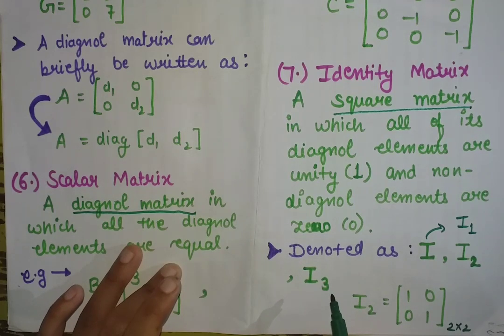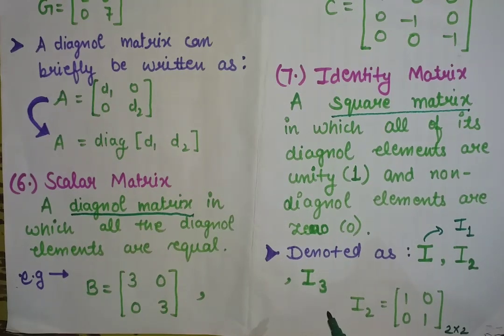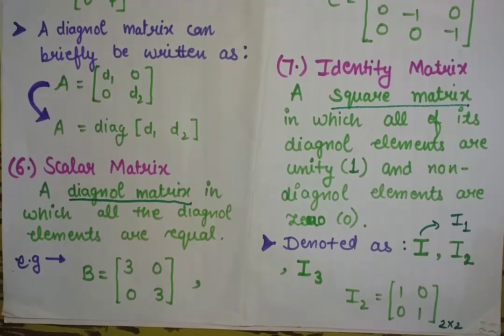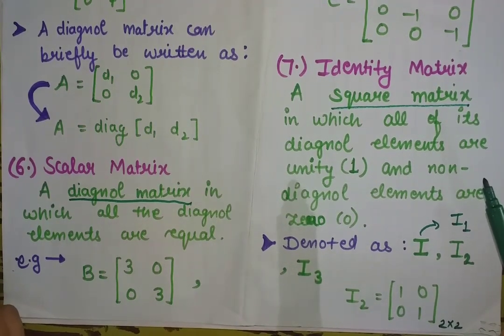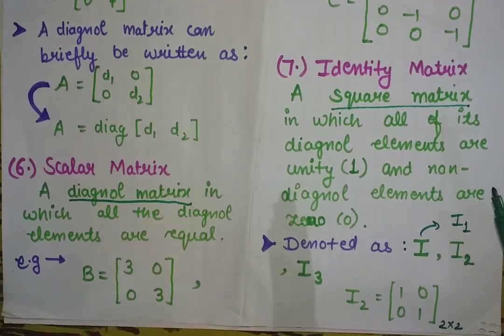Similarly, I3 means an identity matrix of order 3 by 3. Now the question which arises is why is it called an identity matrix? You will understand this in upcoming lectures, so stay tuned.